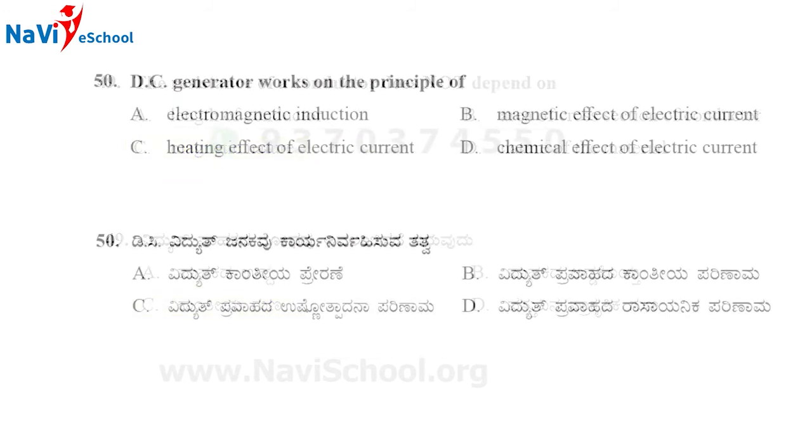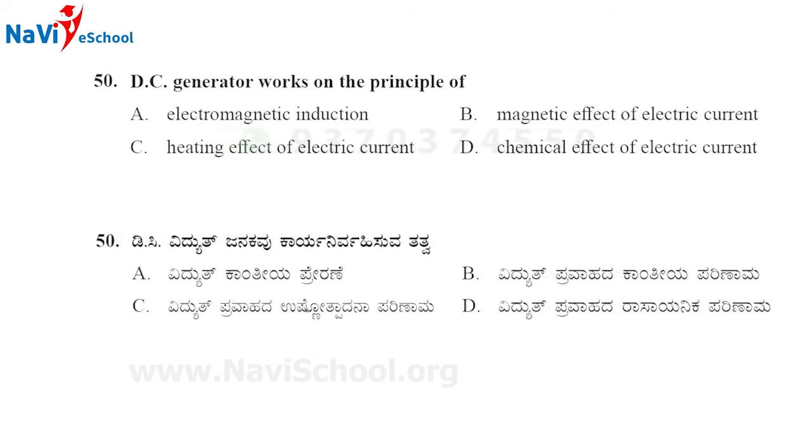Okay. Next question. Question number 50. DC generator works on the principle of: option A electromagnetic induction, option B magnetic effect of electric current, option C heating effect of electric current, option D chemical effect of electric current.